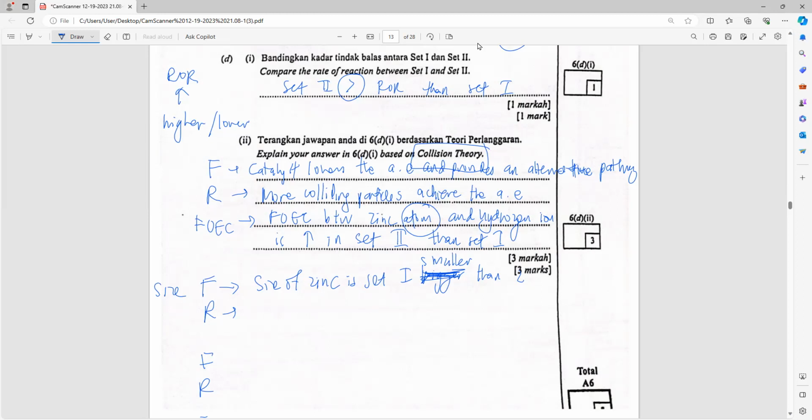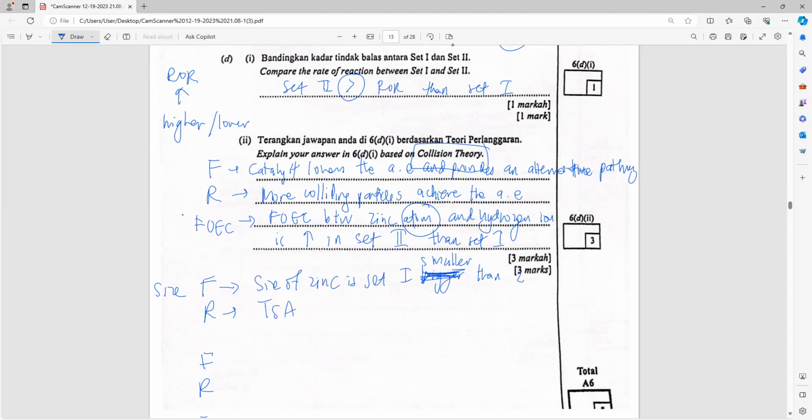You are sitting for exam tomorrow, not teacher. Total surface area exposed to collision increase. Someone said something and the answer is correct, but I can't hear you very well. The total surface area exposed to collision increase. Okay, so total surface area.